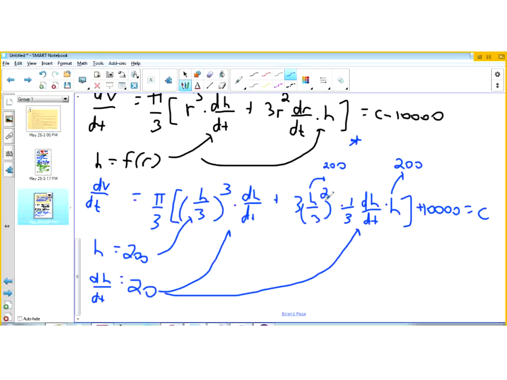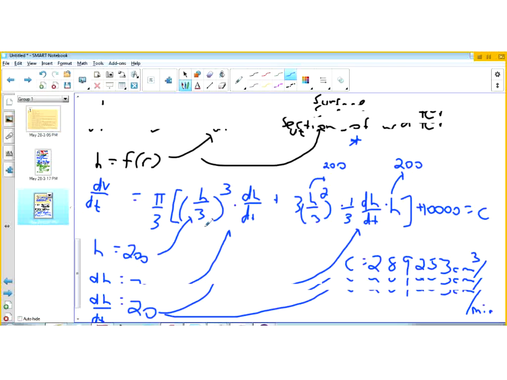Let's make sure that we're correct here. Yeah. So when you use your calculator to crunch the numbers, the value for C will be 289,253 cubic centimeters per minute. So that's how you solve this problem.